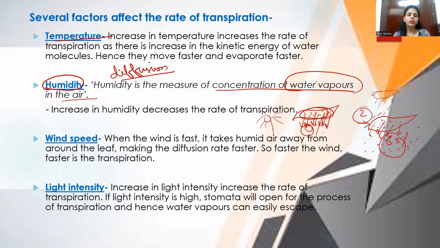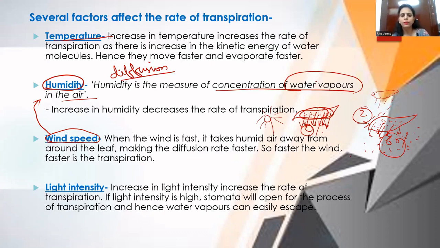The third factor which affects the rate of transpiration is wind speed. This works mostly in the case of humidity. Why? Because when the air is very humid and the wind is blowing at a faster rate, this moving wind carries away the water vapors present in the air around the stomata.